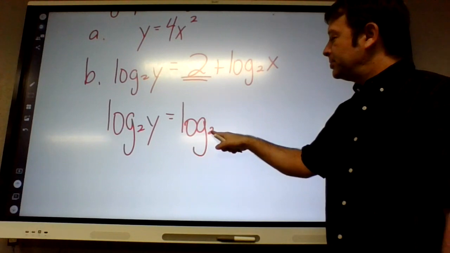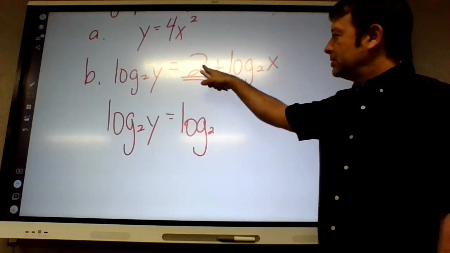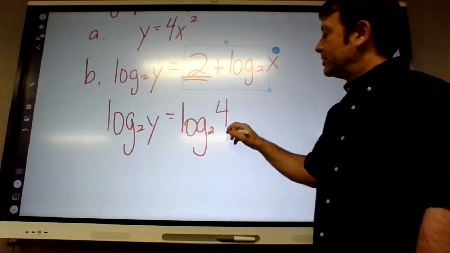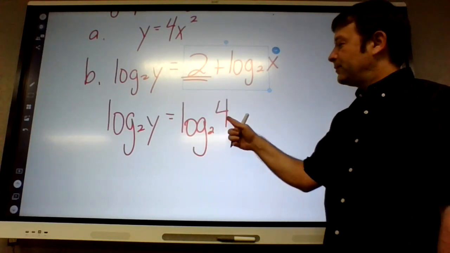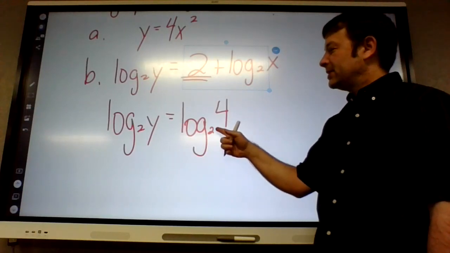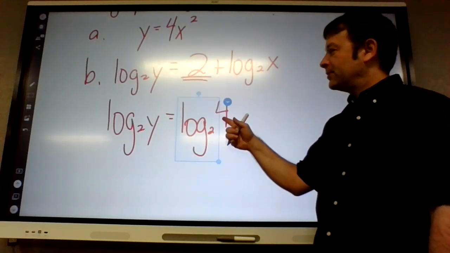Okay. 2 to the 2 should equal 4, right? So log base 2 of 4 is equal to 2, because it means 2 to the what equals 4.